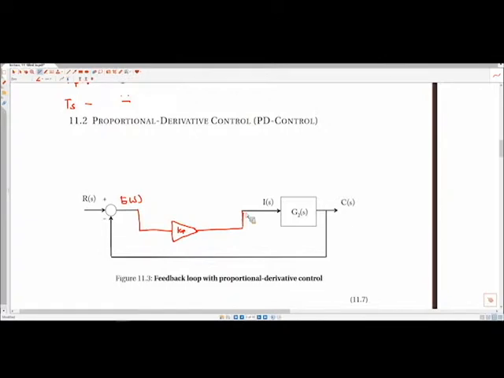But if we wanted to add proportional derivative control, we're adding extra dynamics in this system.